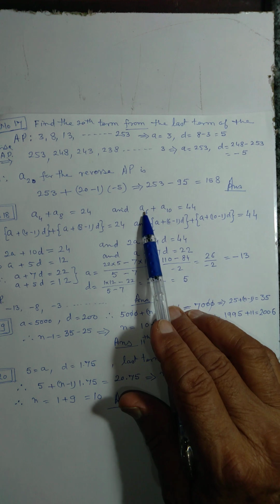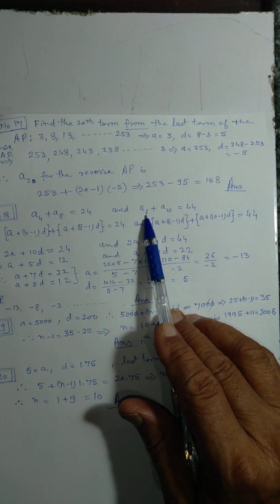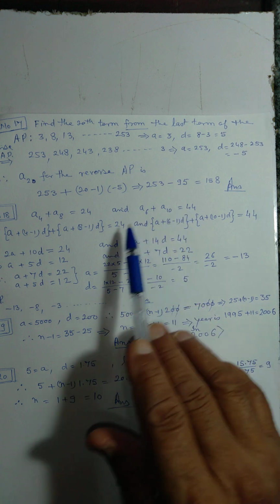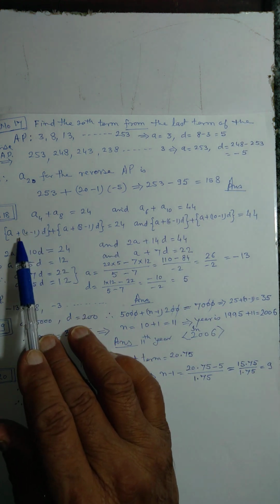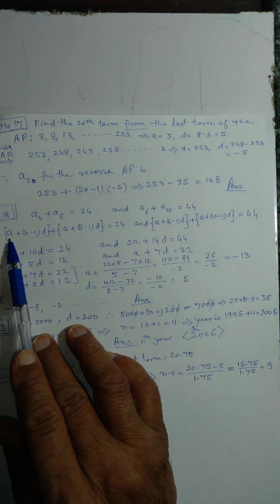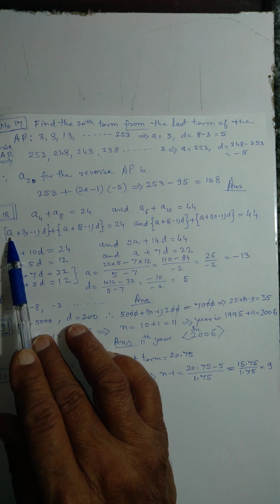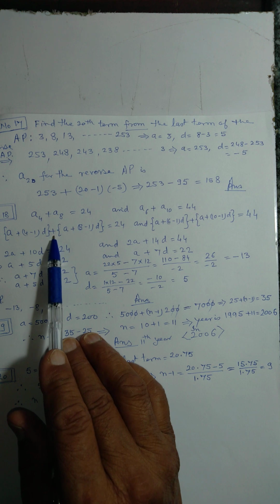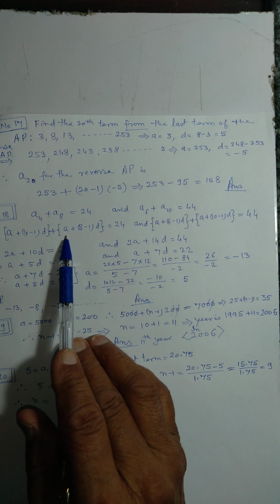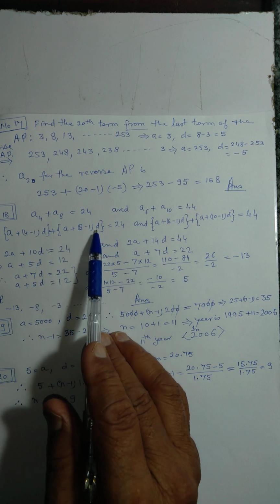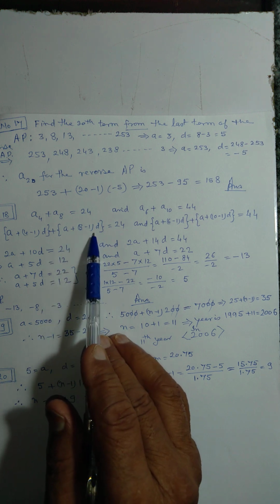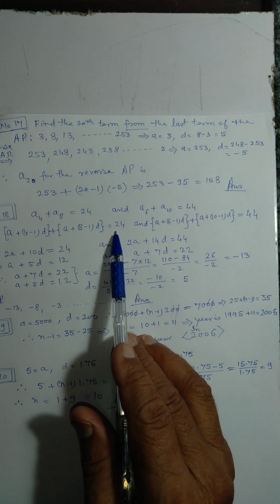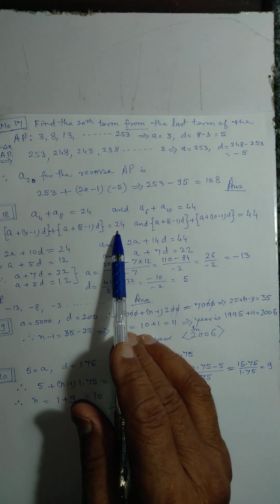And secondly, the 6th term plus the 10th term is 44. So for a4 I have written here a plus 4 minus 1 into d, bracket closed, plus a plus 8 minus 1 into d in the second bracket, for a8, the 8th term, and that should be equal to 24.